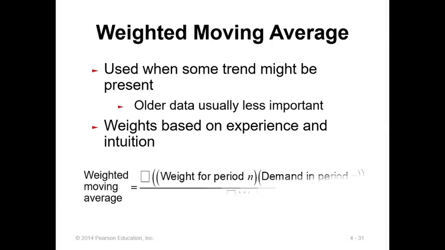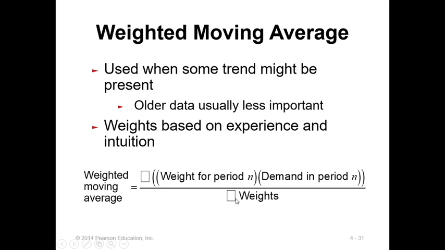Now, we have another method, which is the third one in the time series. We call it weighted moving averages. It's the same as the moving averages, but here we have different importance weights for the previous periods. As you can see in the formula, the weighted moving average will be the weight of period n multiplied by its demand, divided by the sum of weights.